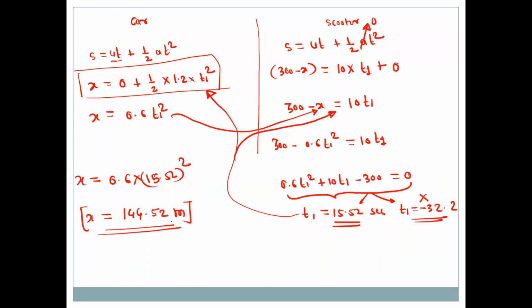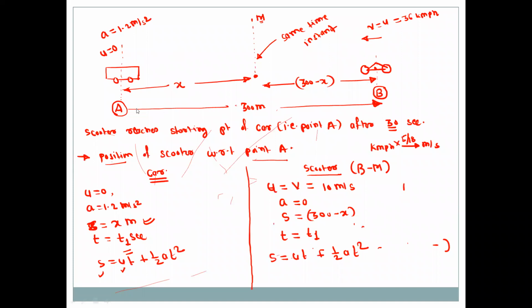Okay, so this is your final answer. That means at a distance of 144 meter with respect to the initial position of the car, the two vehicles will cross each other.